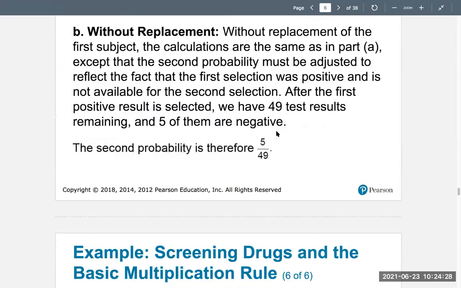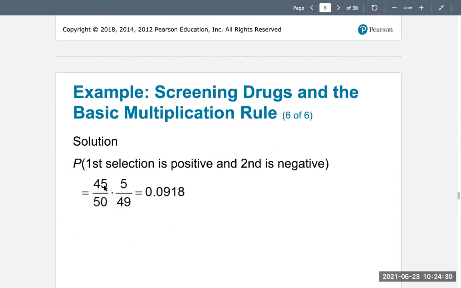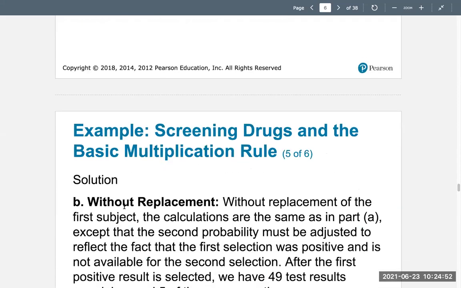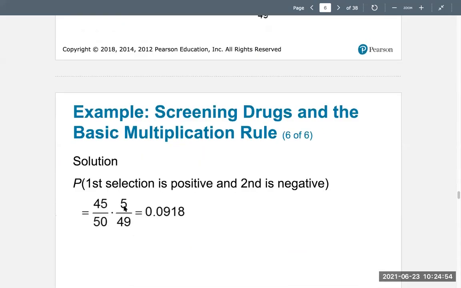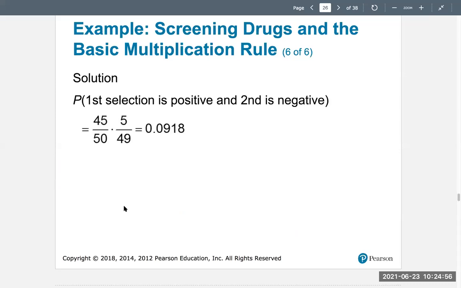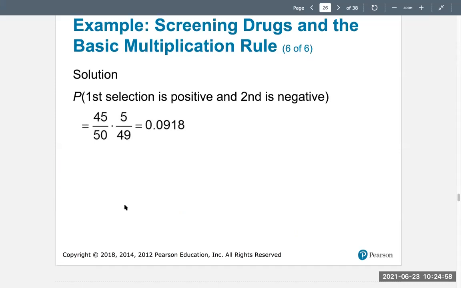So then the result would be 45 out of 50, and then assuming, since it's without replacement, that one of the positive test results is out and in your hand, you have 49 in the pool remaining. So it's 5 negative out of 49. So that's the difference between with replacement and without replacement. So without replacement, you assume that it's in your hand already.